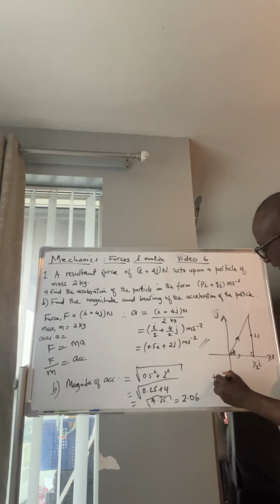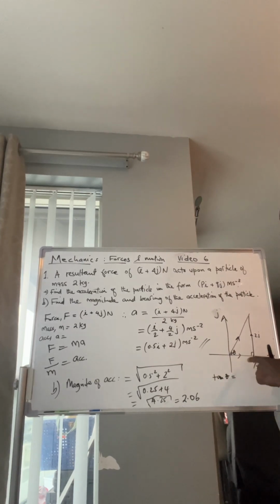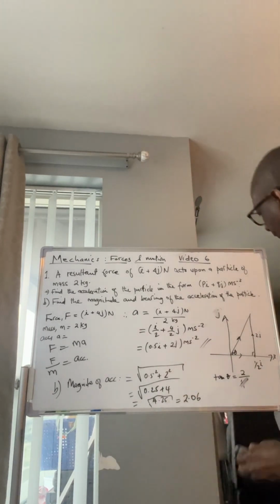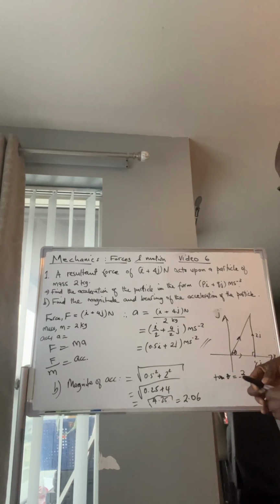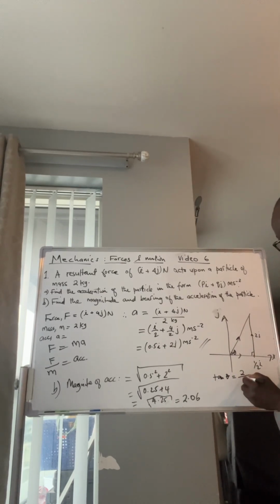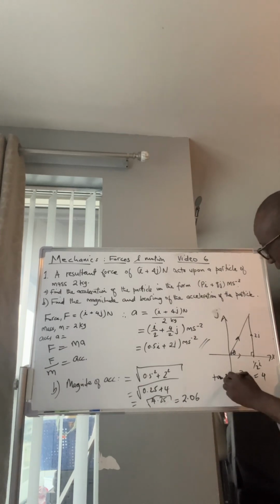You know that tan of theta equals opposite, which is 2, over adjacent, which is 1/2. That is 2 over 1/2, which is 4.